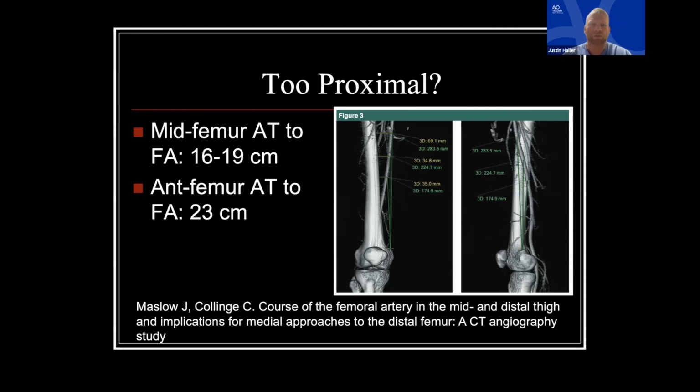If you then go to more of the anterior femur, it is up to 23 centimeters. So you can get fairly proximal with your medial plate. Obviously, the more proximal you go, you'll want to do more of an open approach to make sure that you're not going to do any damage to the femoral artery.